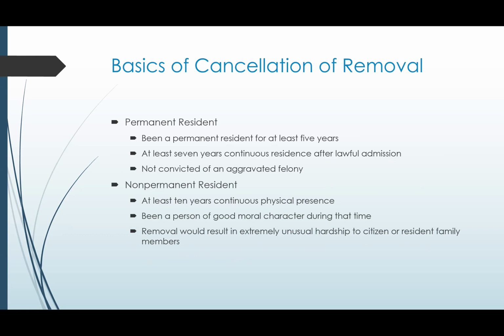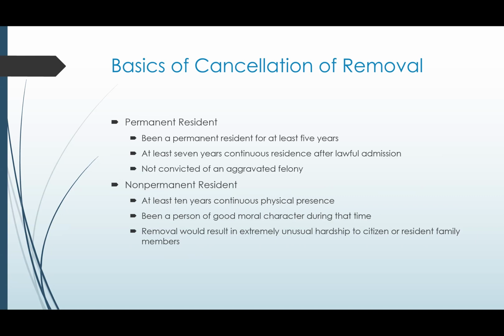Cancellation of removal has very different elements. For a permanent resident, the person has to have been a permanent resident for at least 5 years. They have to have been continuously residing in the United States for at least 7 years after they've been lawfully admitted.